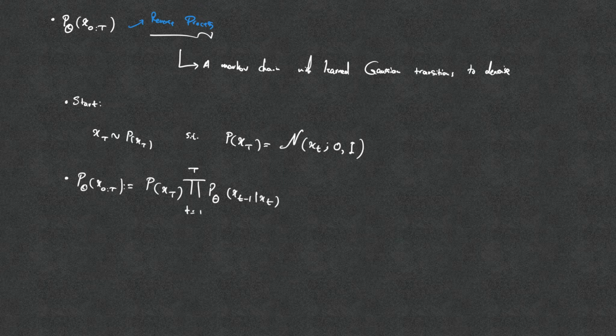One thing is that looking at this, you can see that this is basically equivalent to a Markovian assumption. So you have this independence going from t to 0, for example, for t minus 1, from, let's say, t plus 1, and so on. So read it like this. You sample xt from this prior distribution, and then you keep doing this transition, going from xt to xt minus 1.